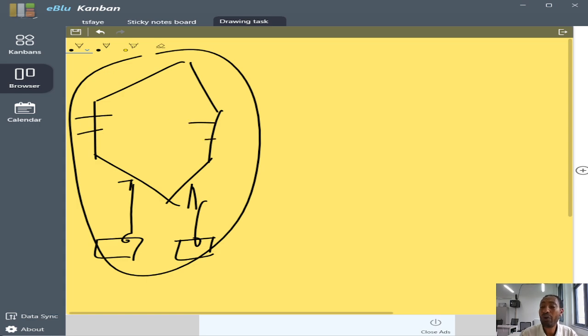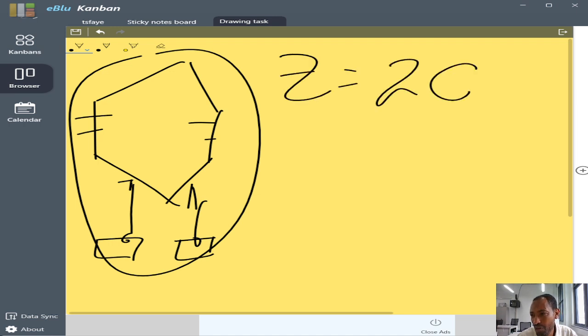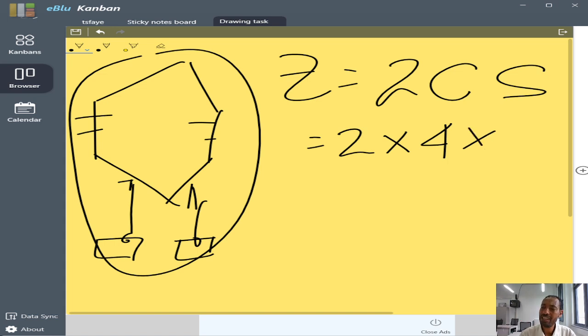So the overall number of conductors in our machine is going to be 2 times the number of coils times the number of slots. So 2 times our coil, how much is it? We said there are 4 coils, and how many conductors does each coil have?